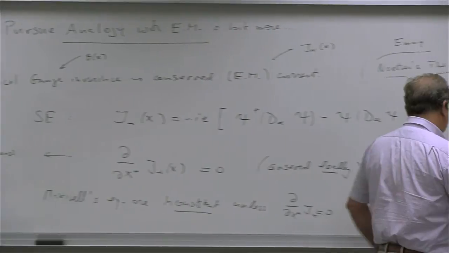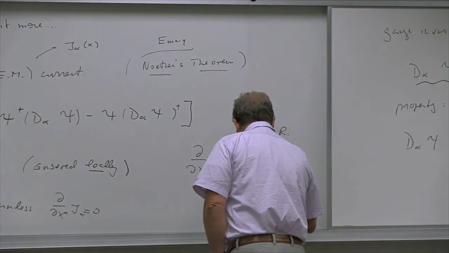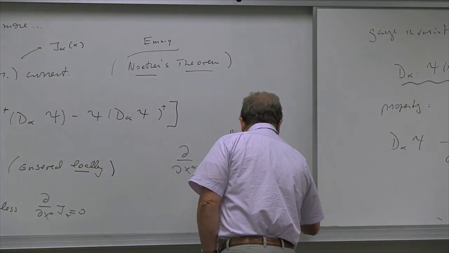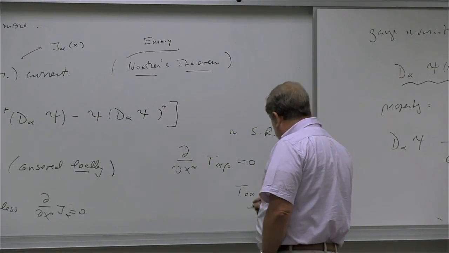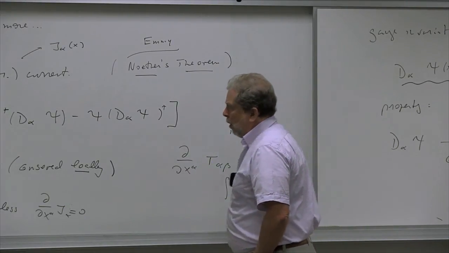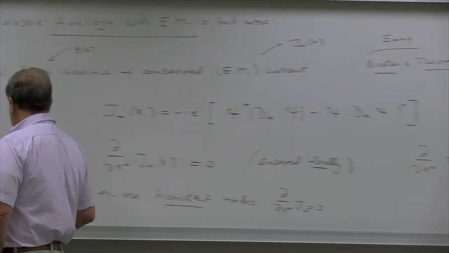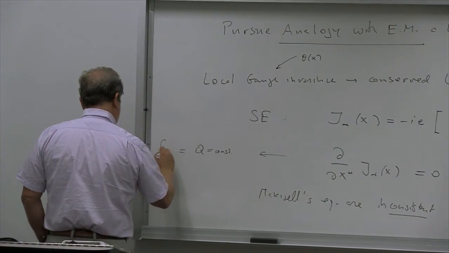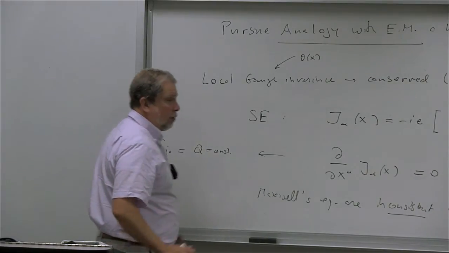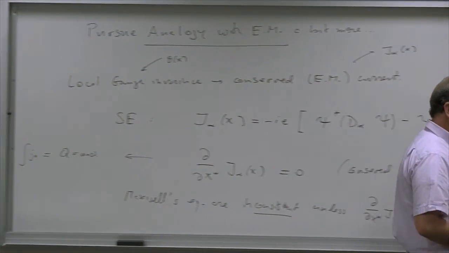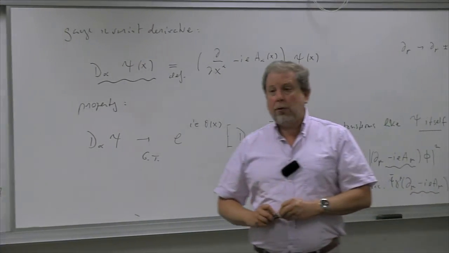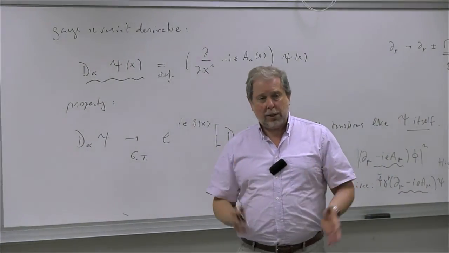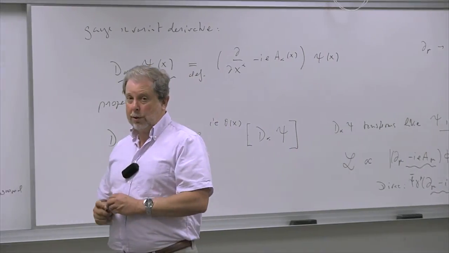And so here we have the T naught alpha are also conserved when they're integrated over some region. So the Q, which is the integral of the J naught, is conserved, and here it's the integral of the T naught alpha which is conserved. So you still have the same kind of thing repeating: you have a symmetry, and as a result of the symmetry, you have a conservation law.